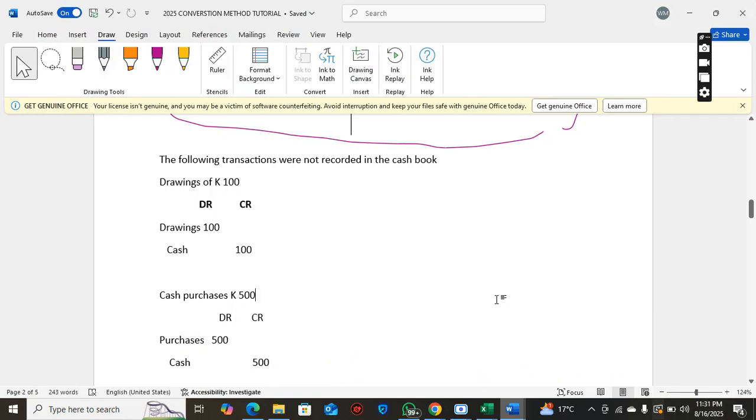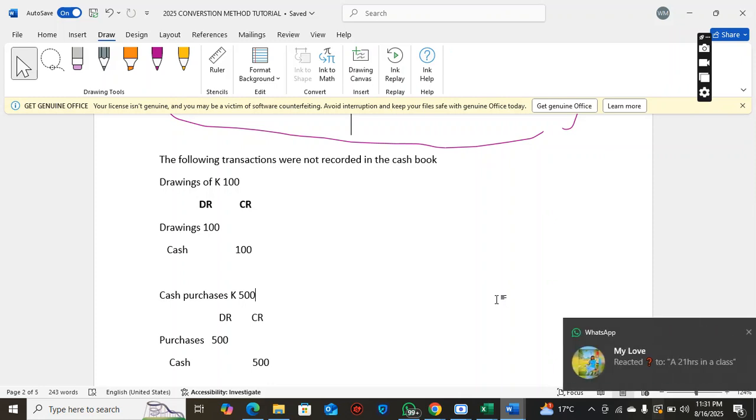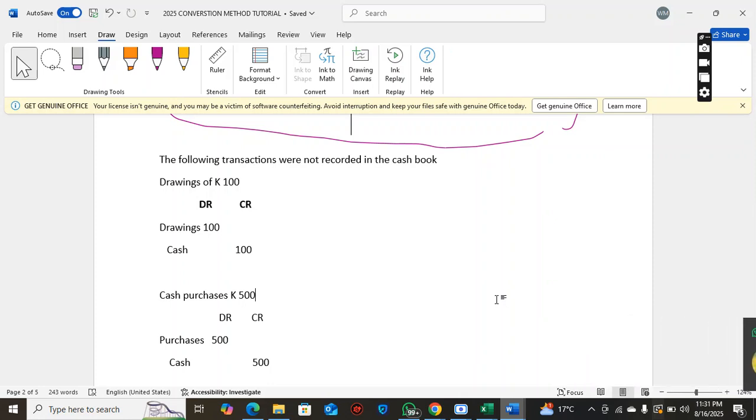Okay, no, don't worry. When we do the credit sales, it will make things clear. Okay, it will make things clear.